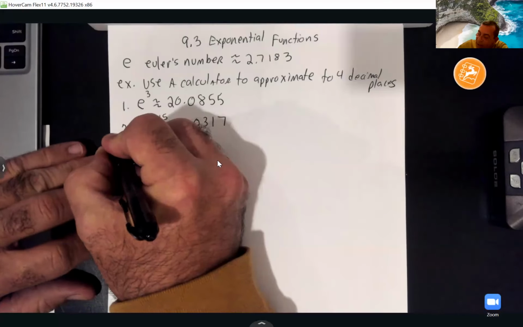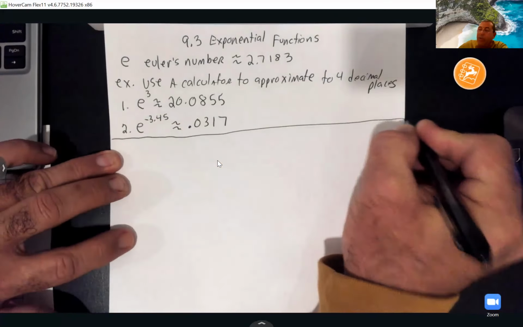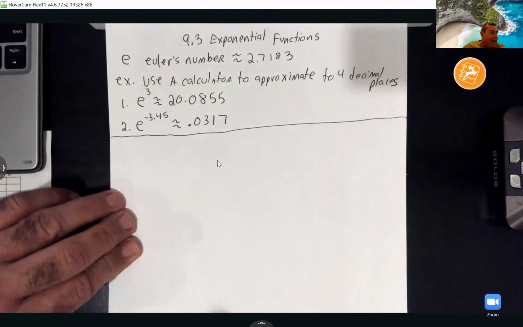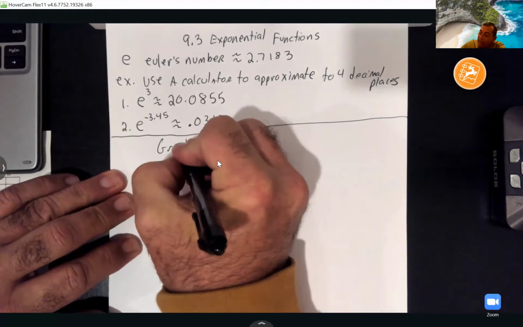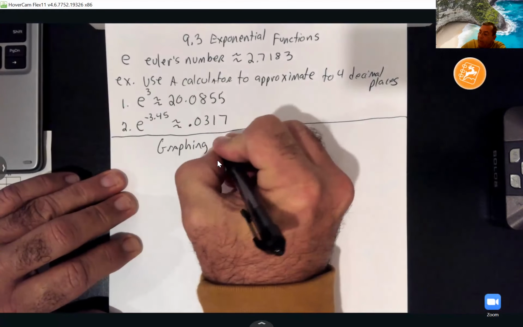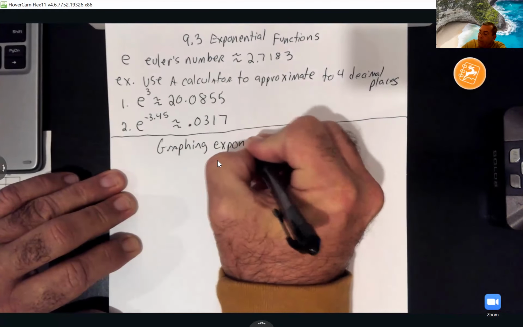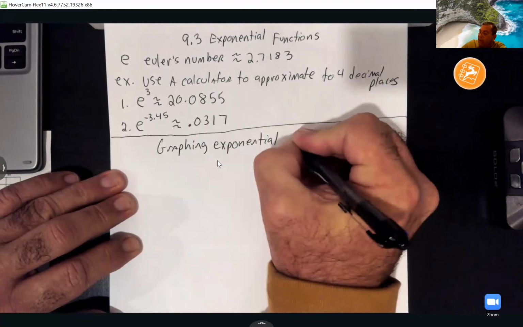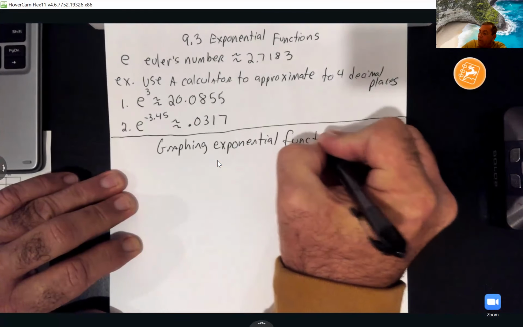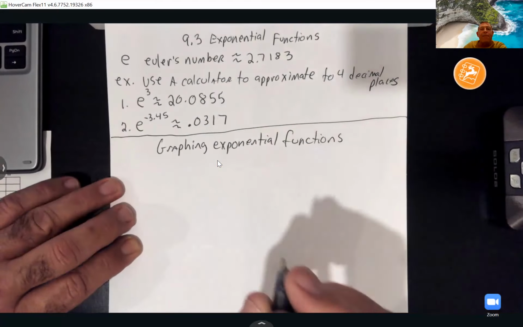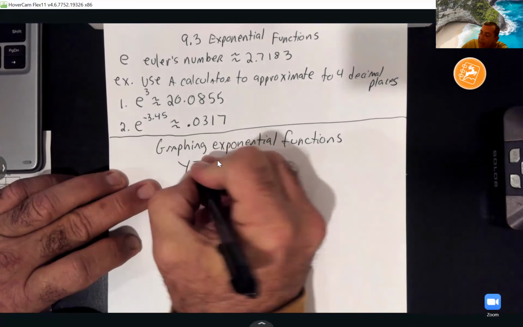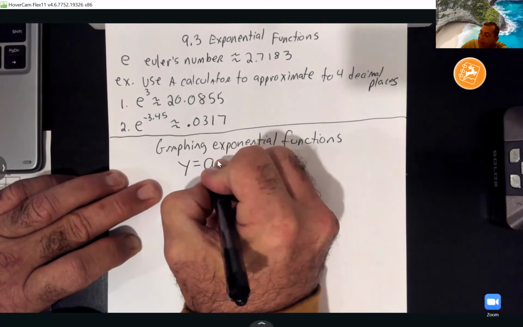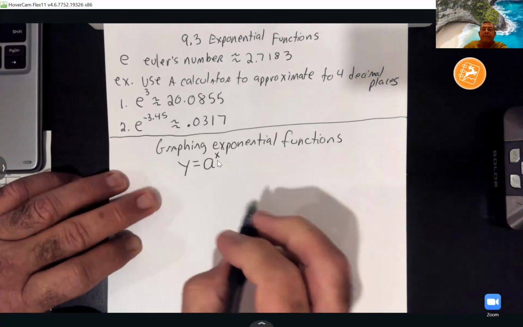All right, y'all. So just a little bit to get you used to that E on your calculator. Now we're going to look at graphing. So graphing these exponential functions, these are graphs that look like y equals a to the x.